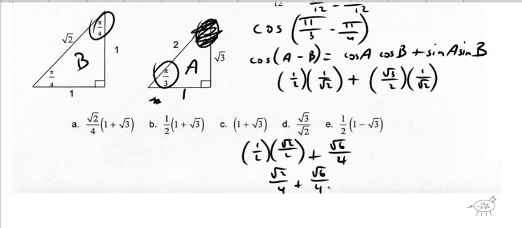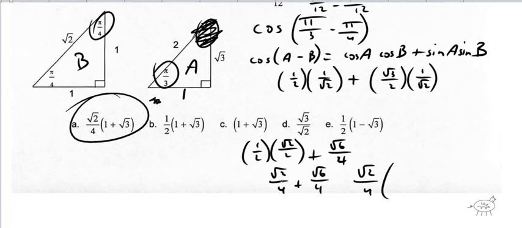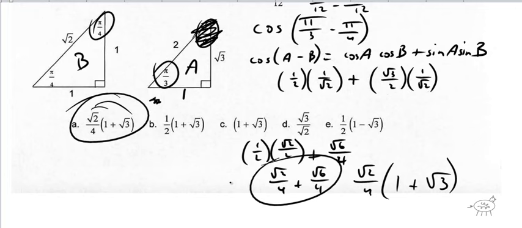So it's kind of looking like it's going to be A, math fans, because I can factor out a root 2 over 4. If I factor that out, I get 1 plus root 3. You can even see if you distribute that back, you'd get the same thing that we had here. Okay, so the answer to this one is A.